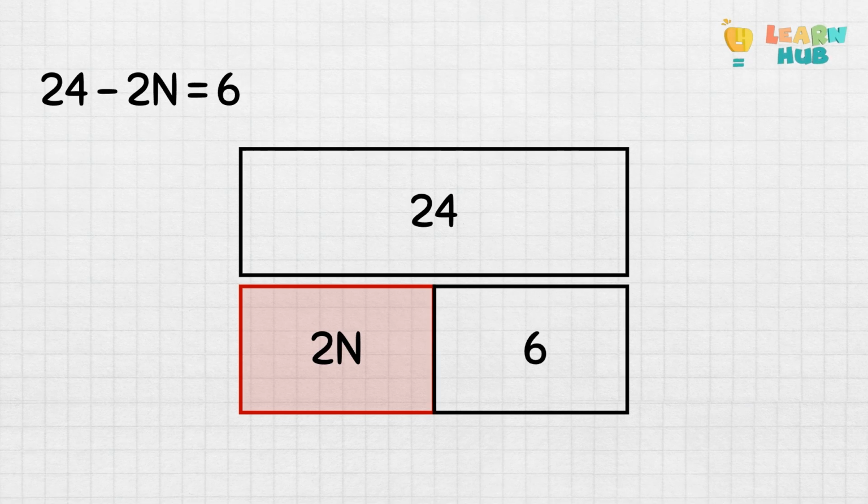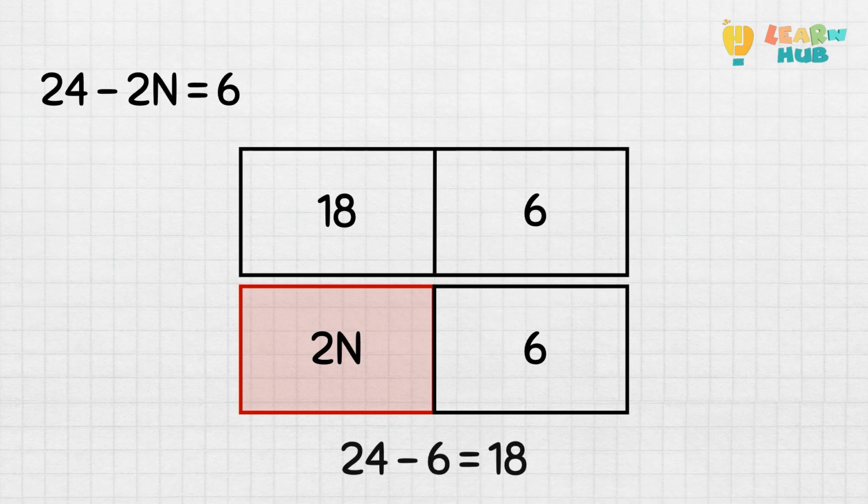What do you think is the next step? We can cut the bar representing 24 into two parts, where they have the same lengths as 2n and 6. If the right side of the bar is 6, what do you think will be the value to the left? Correct, it will be 18, since 24 minus 6 is 18.